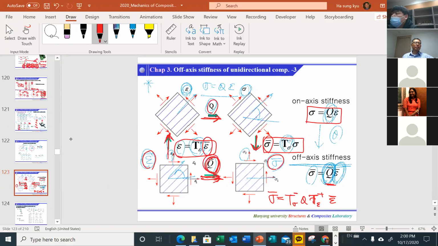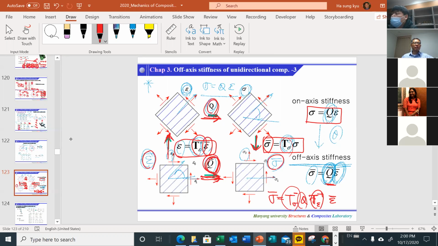This graphical representation can be replaced by three terms: these multiplications, the transformation, and this Q, and these strain transformations.